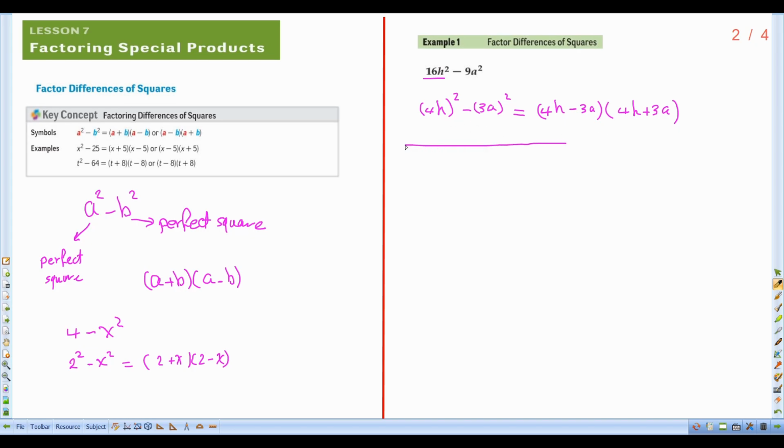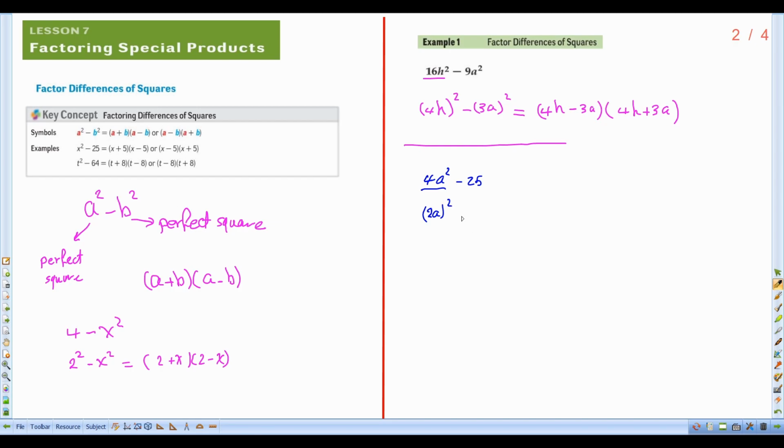Another example, 4a to the power of 2 minus 25. Okay guys, again, is it a difference between two squares or not? The first term is 4a squared. It can be written as 2a all to the power of 2.